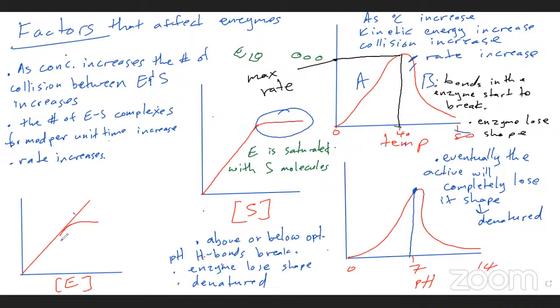With this graph, the enzyme graph, as I increase the enzyme concentration, the rate is going to increase. However, if the enzyme surpasses the substrate, same thing will happen again, right? You will not get any further increase.